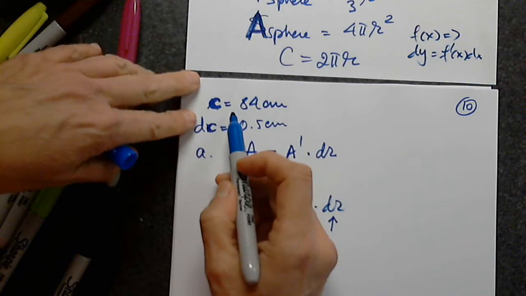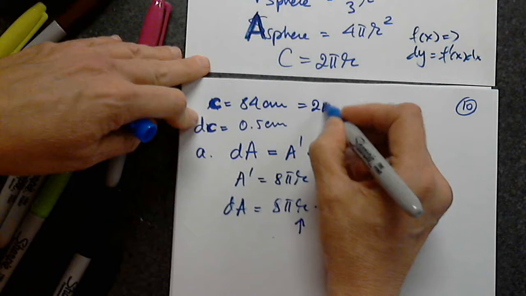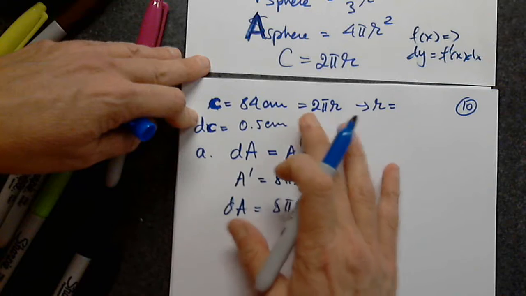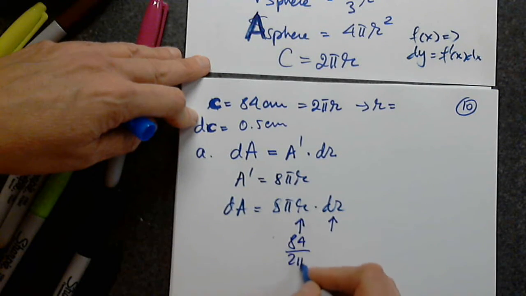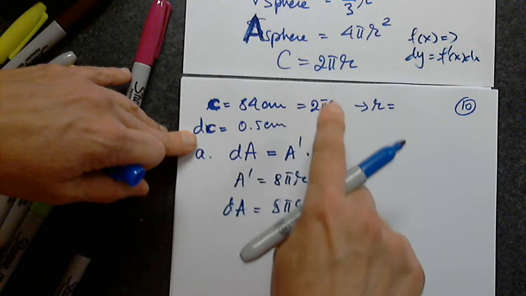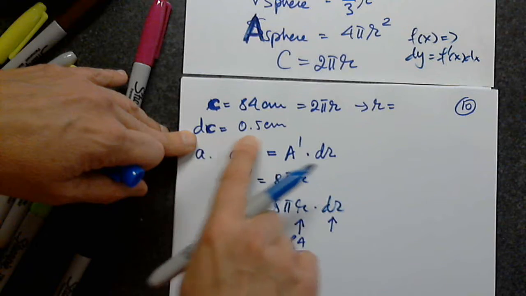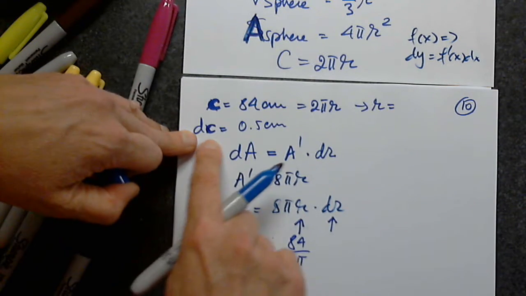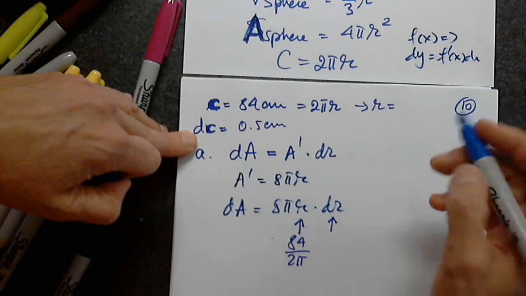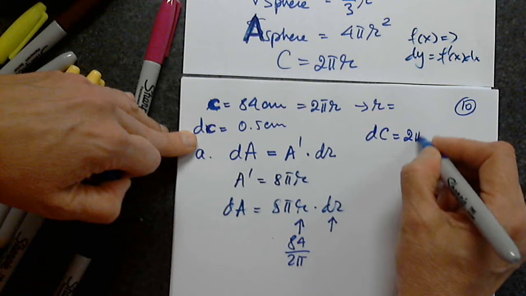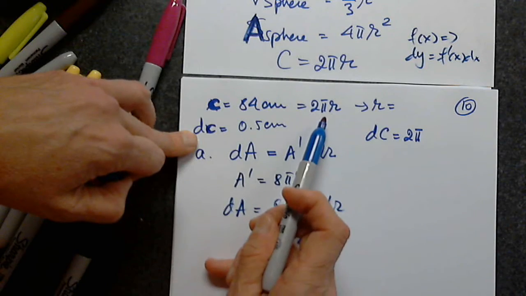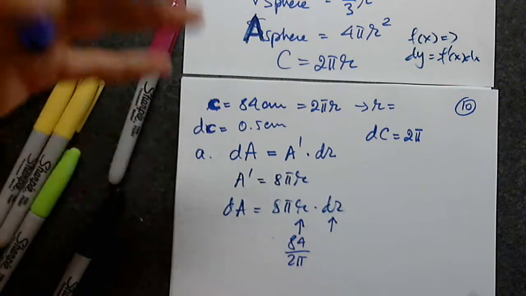Okay, I have to come back to the information I have. So this is 2 pi r. From here, I will be able to find r, which is 84 over 2 pi. So this is the error in the circumference. So now I have to differentiate the circumference.